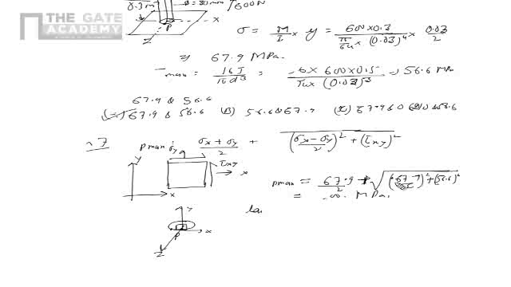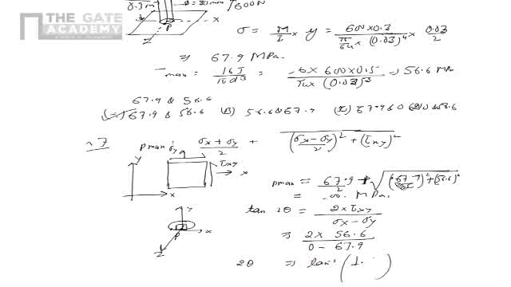Angle, now tan 2 theta is 2 times tau xy upon sigma x minus sigma y. That's the relationship. So it is 2 into 56.6 upon sigma x is 0 minus sigma y is 67.9. So this is nothing but 2 theta is tan inverse of 1.66 approximately.